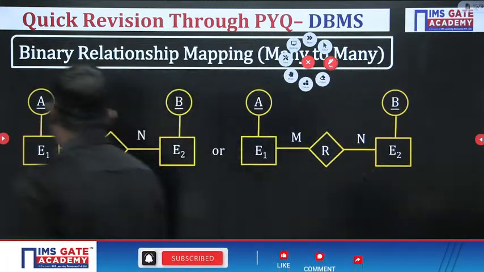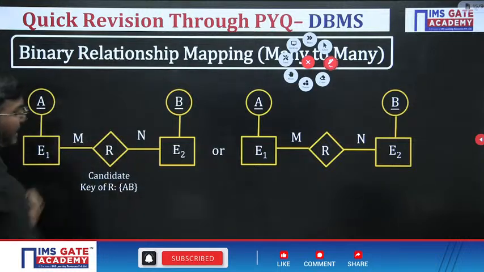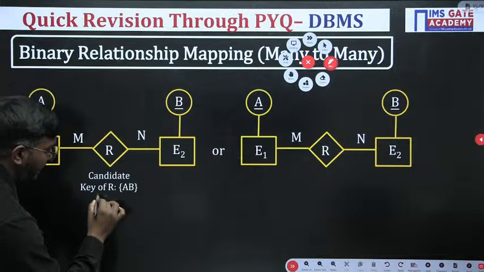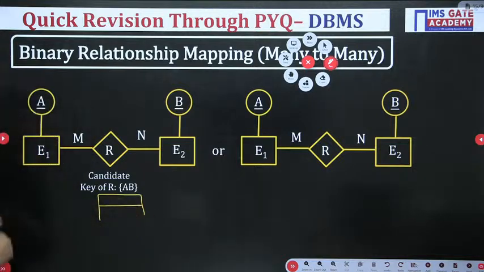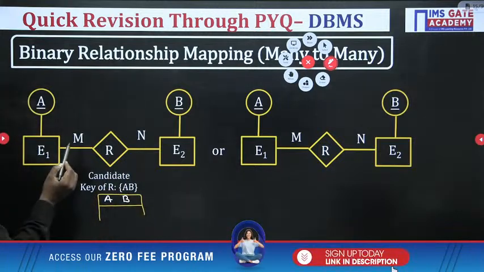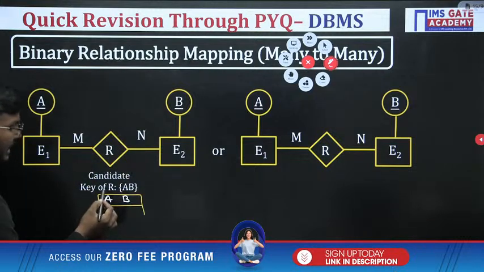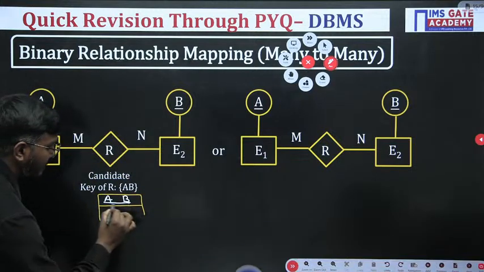First, tell me the attributes. They will be the key attributes of both participating entity sets, A and B. Because both sides are many to many, A and B combined form the key attributes.